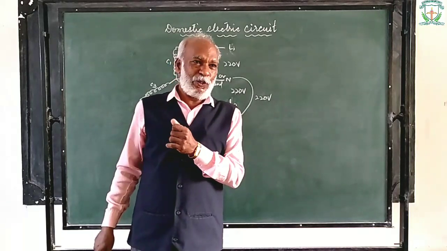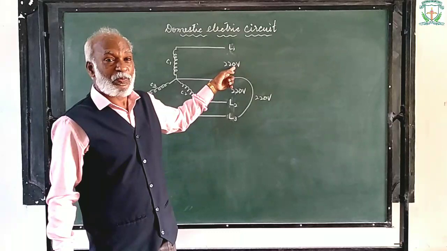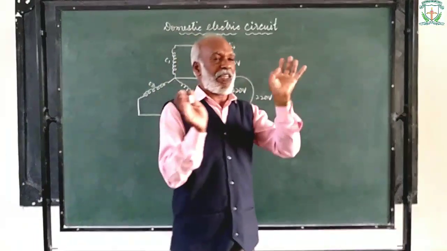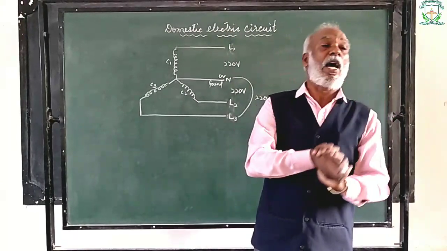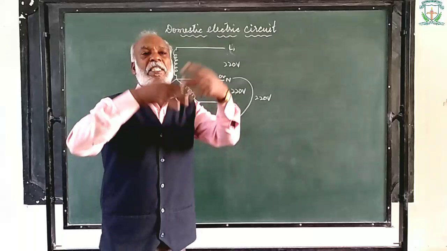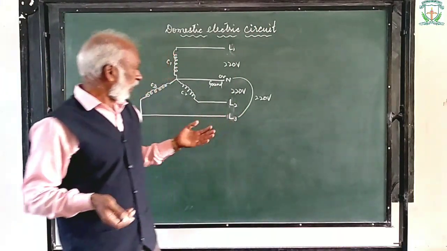You got it? So the potential difference is 220 volts. Okay. So this is how electricity is generated and transmitted to the respective areas, industrial, commercial or residential areas.